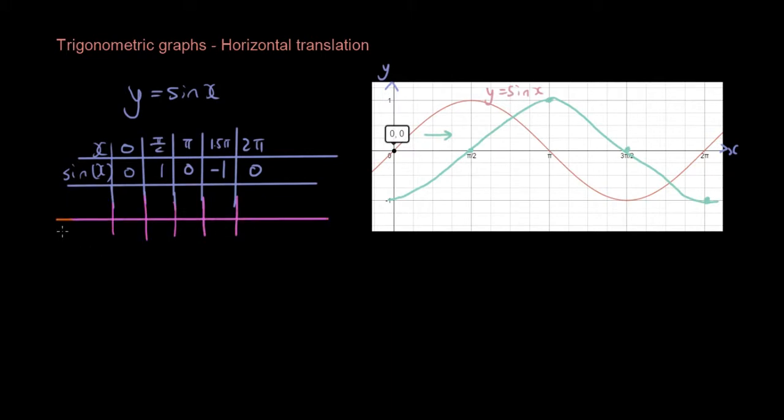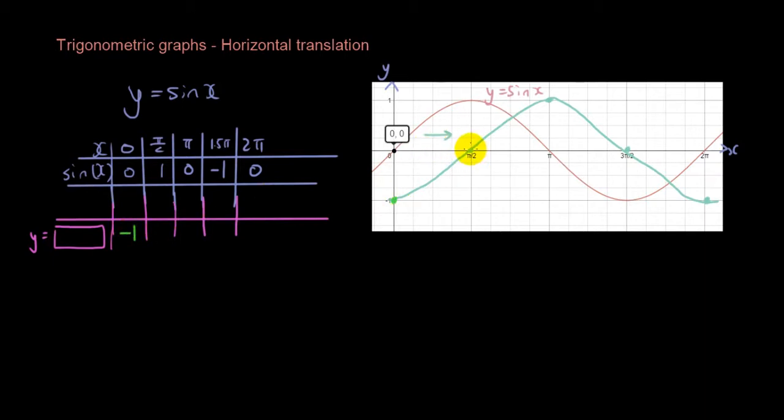We're trying to work out the equation, y equals something. We don't know what this is. But we know that the new equation, the green line, is the one we're trying to find. When x is 0, y is now negative 1.